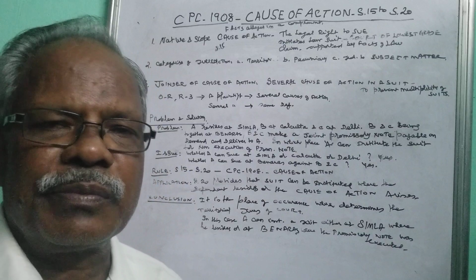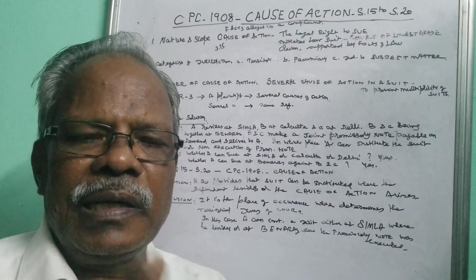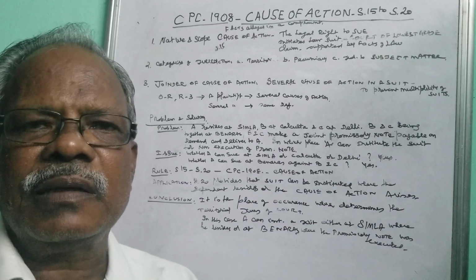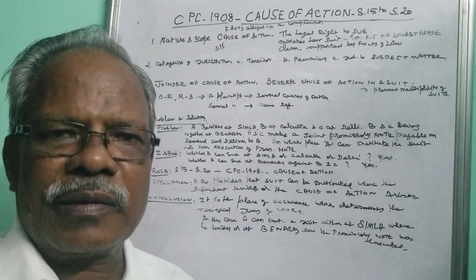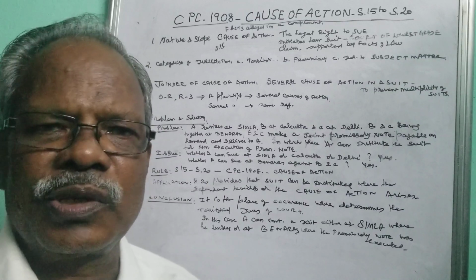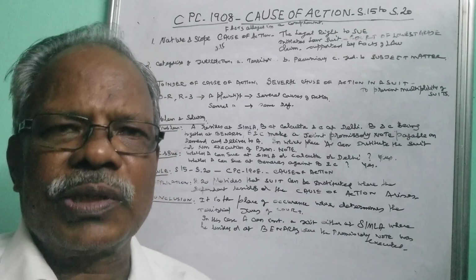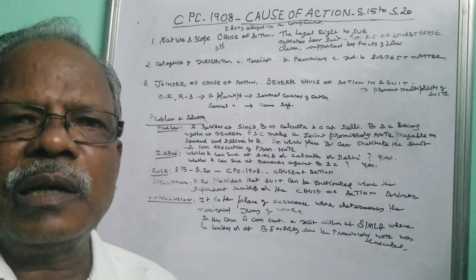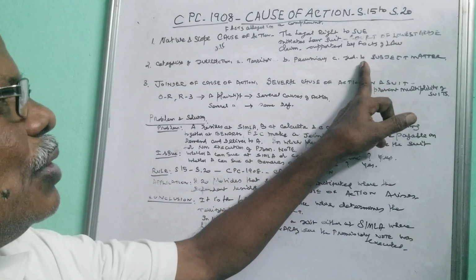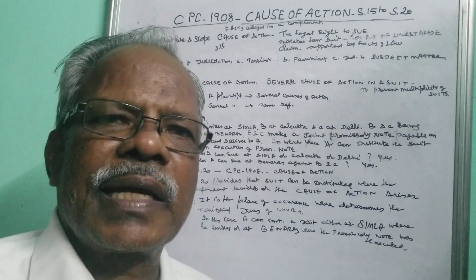And pecuniary jurisdiction means each and every court has a limit, the pecuniary limit or finance limit, say up to 10 lakhs, 15 lakhs, 20 lakhs or 1 crore. The court is limited to deal with cases worth up to that amount, and that is called pecuniary jurisdiction. Another one is jurisdiction as to subject matter. According to the subject matter, they can choose the court.